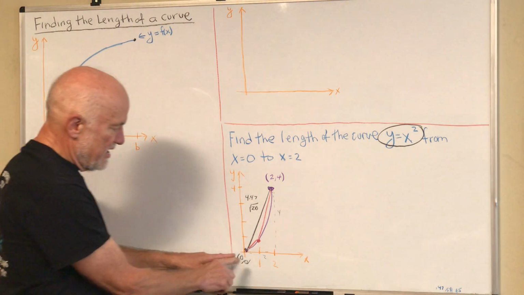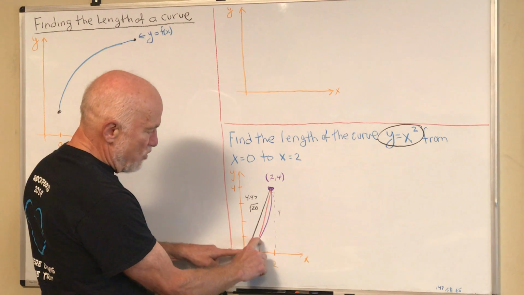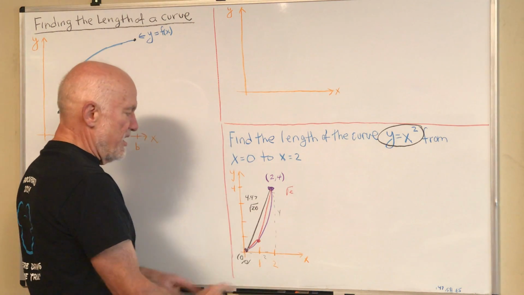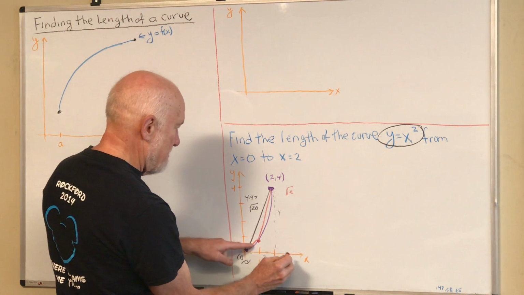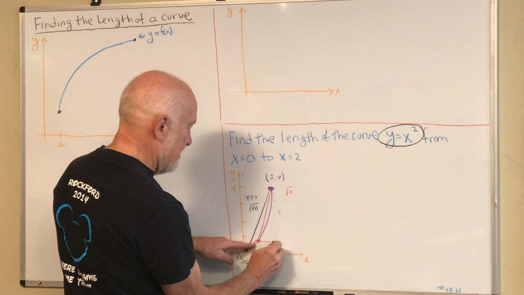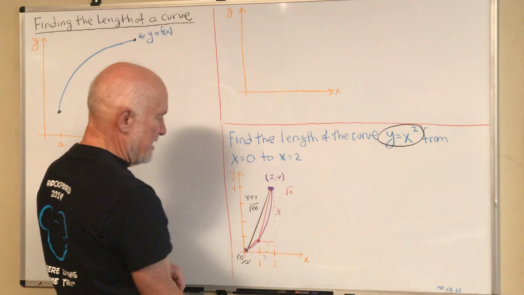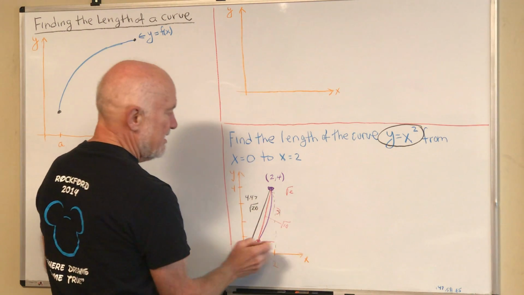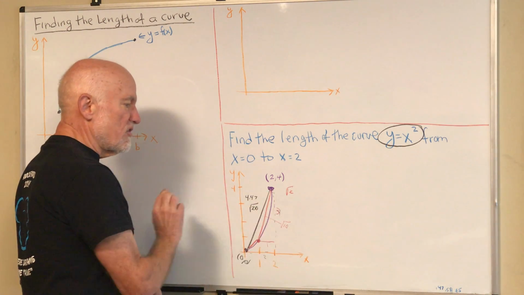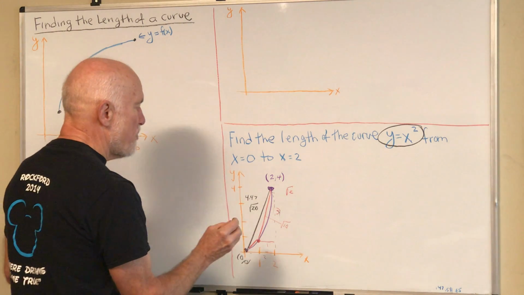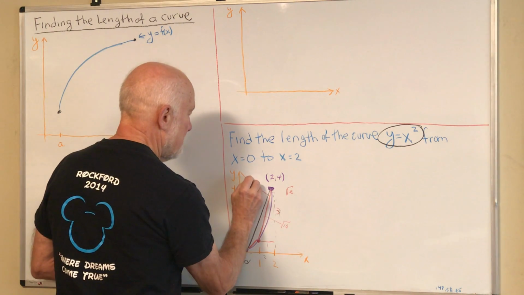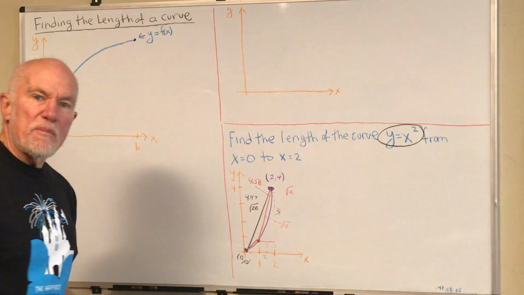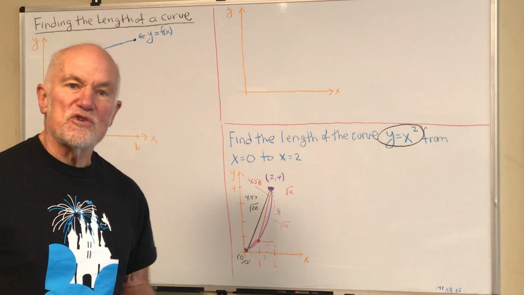So from (0, 0) to (1, 1) would be the square root of 2. Then this would be going over 1 and up 3, so this side would be the square root of 10. If you add the square root of 2 to the square root of 10, you get about 4.58. So you can start to come up with a pretty good estimate using geometry.